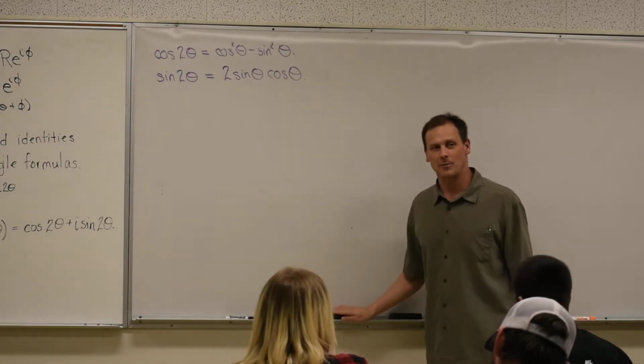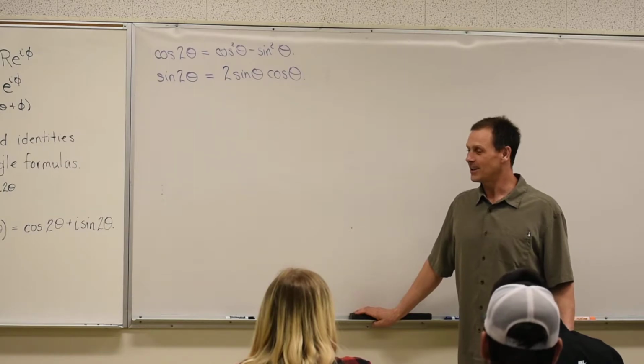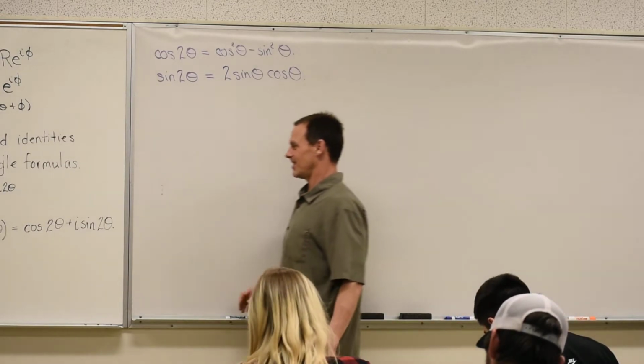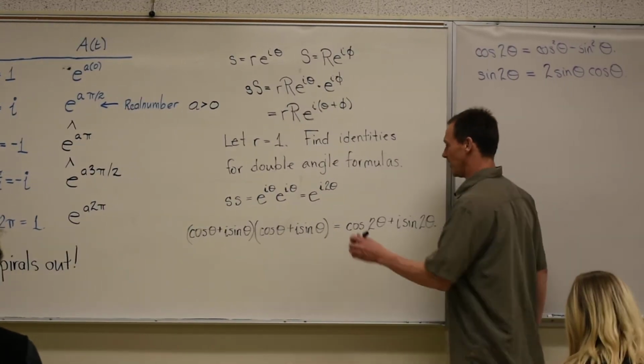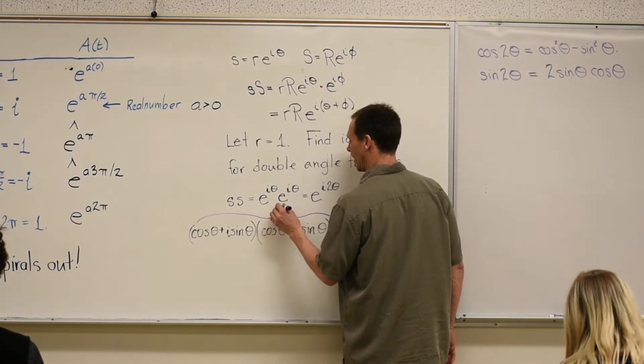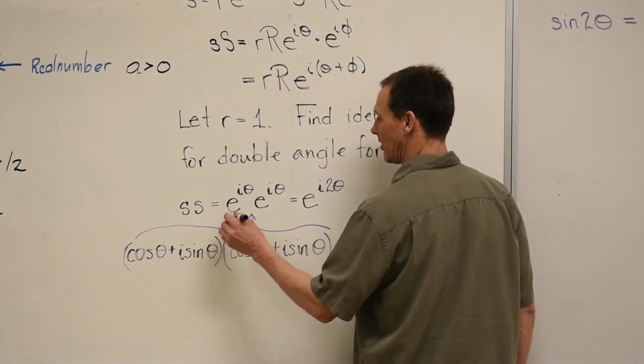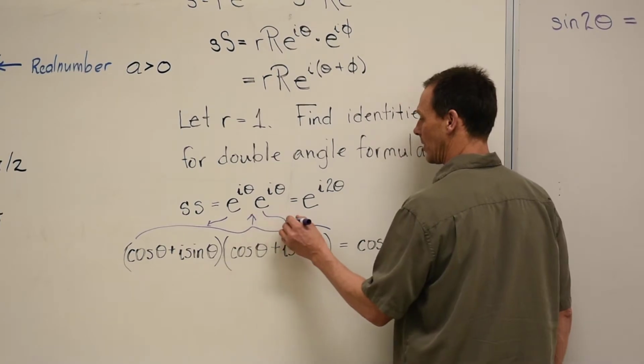But let's see if we have a more, yes? Could you explain the step where we went from cos i sine theta to the right side? Yeah, I will. I'm glad you asked. All I did is apply Euler's identity to e to the i theta, that's this one, and to this one, e to the i theta.